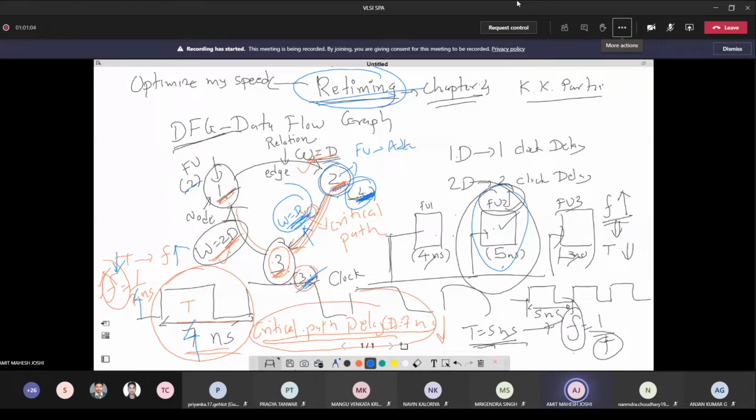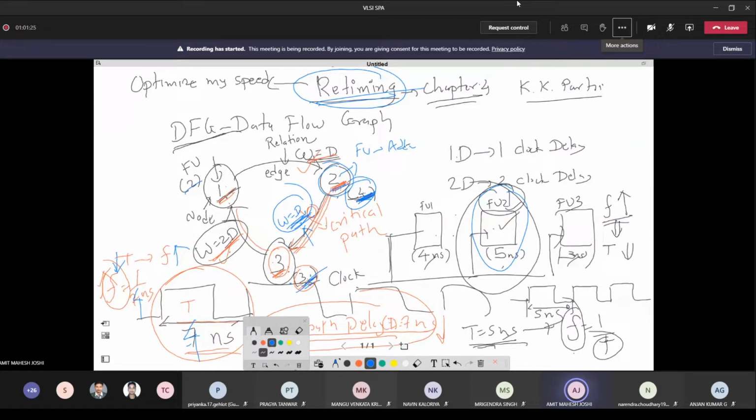Out of these 3, functional unit 2 is taking 4 unit time, so my critical path delay is restricted to 4. As the critical path delay is 4, my minimum period is 4 and my maximum frequency is 1 by 4 nanoseconds.